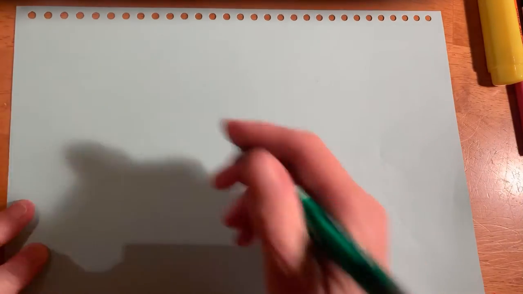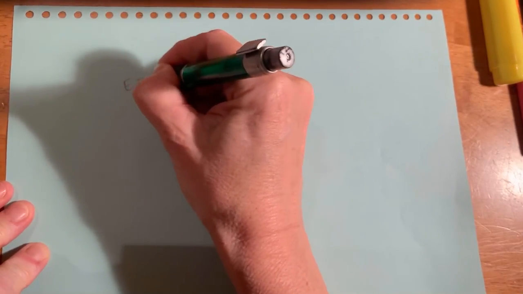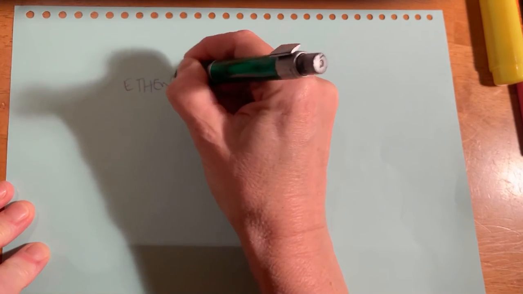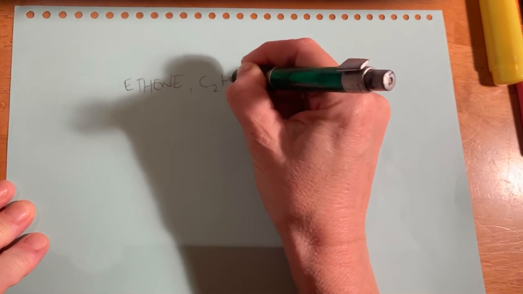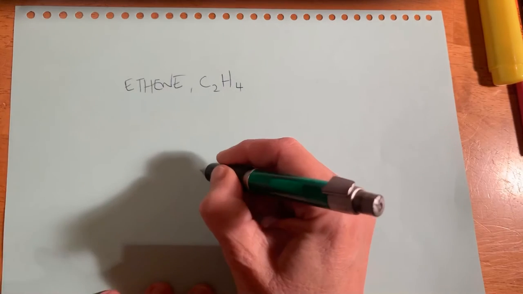Okay, let's have a look at ethene just to finish off with. I wonder whether you managed to get any of those. Ethene is an alkene, C2H4.